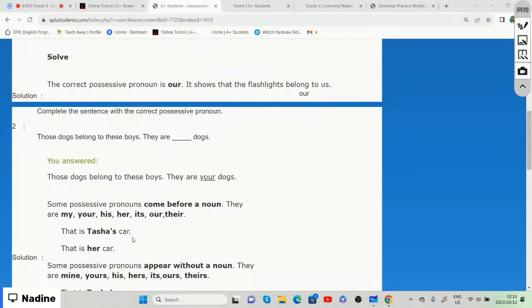Do we say they are my dogs, your dogs, his or her dogs, its dogs, our dogs, their dogs? Or do we say they are mine dogs, yours dogs, his, hers, its, ours, and theirs?